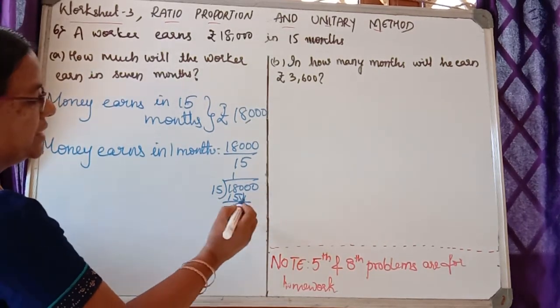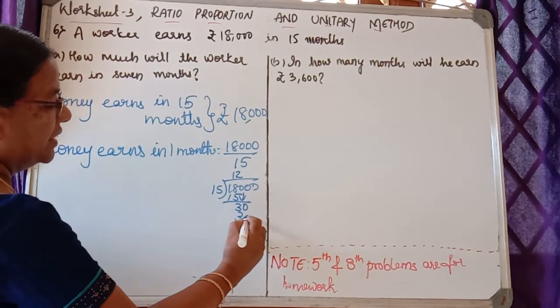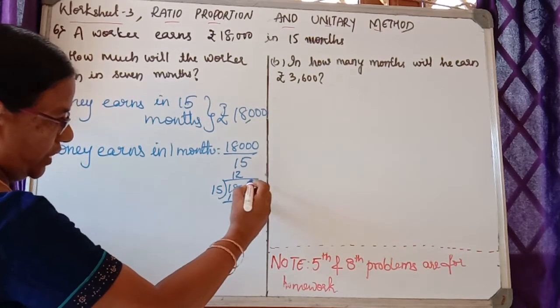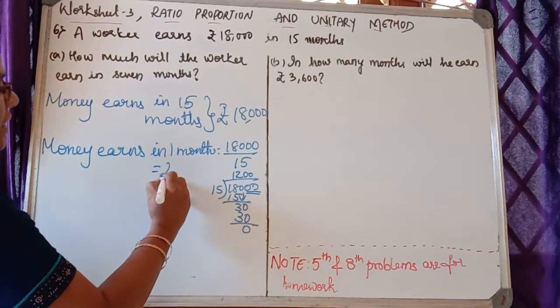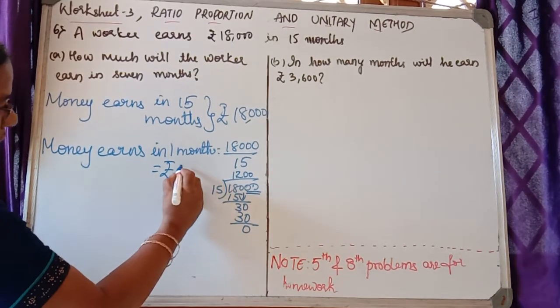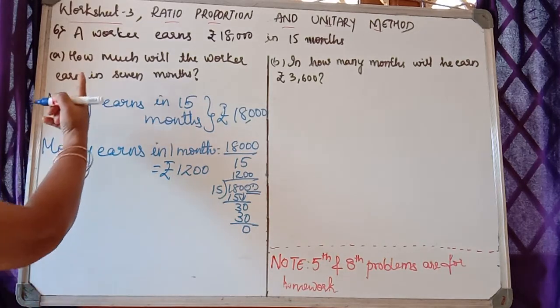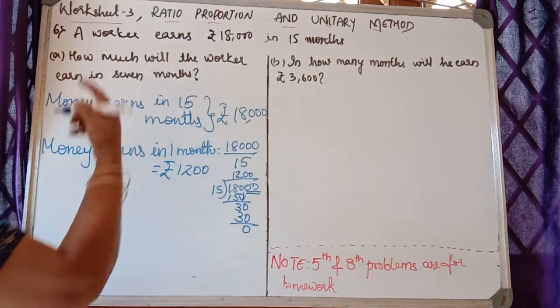How many 15s are there in 30? 2 15s are 30. Remainder 0. Here how many zeros are left over? 2 zeros. So how much he earned in 1 month? 1,200. Now how much will the worker earn in 7 months?